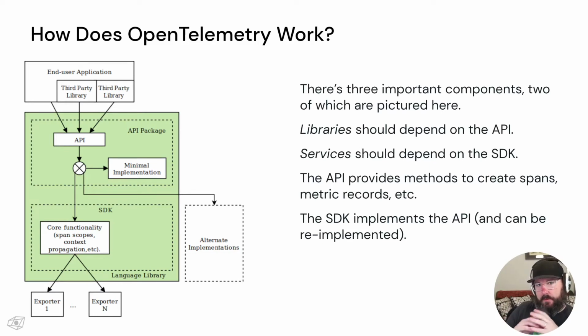I just want the OpenTelemetry API. The API itself has a minimal no-op package that you can use for testing. But fundamentally, it's very lightweight. It doesn't really do anything other than sit there and let you create spans and traces and metrics.